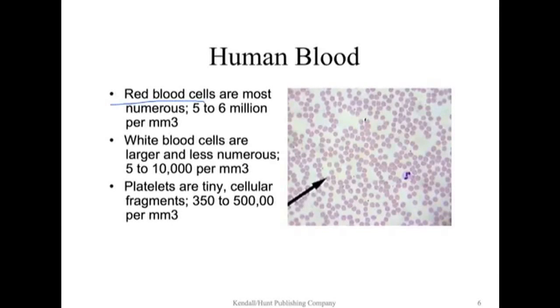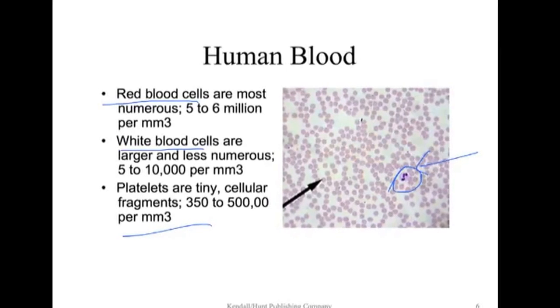Tons and tons of red blood cells. The white blood cells are actually going to appear purple under magnification. Right here, they're going to be larger and a lot less numerous than the red. And the platelets you're not really going to be able to identify for our purposes, but you could identify platelets as well under proper magnification.